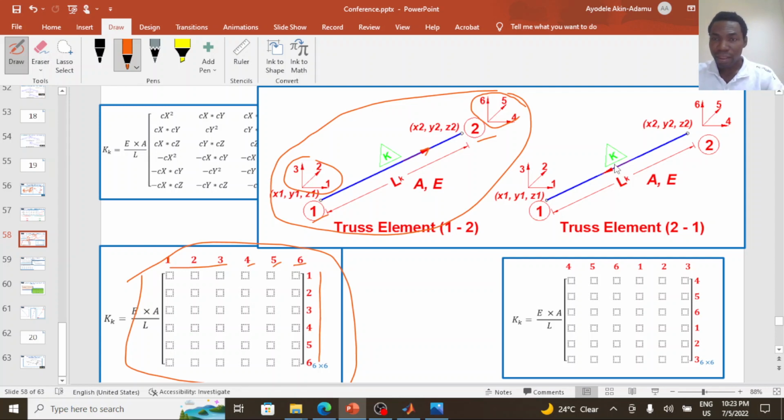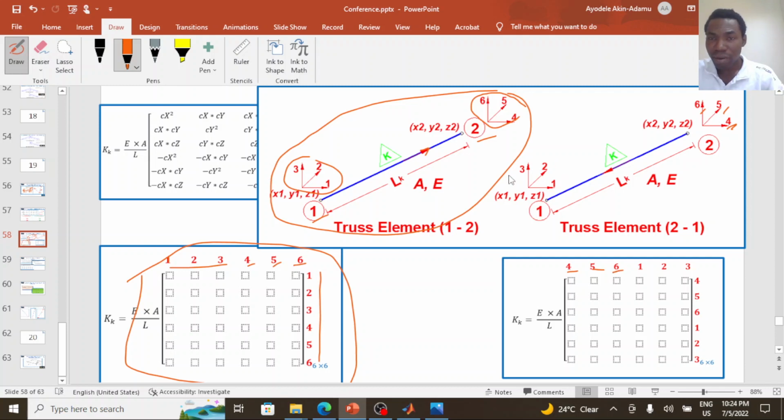But when the arrowhead is pointing from 2 to 1, that means 1 is my end node, 2 is my start node. So you always start your numbering of your matrix from the start node. Because 2 is my start node, I'll start my numbering like this: 4, 5, 6, and again 4, 5, 6.